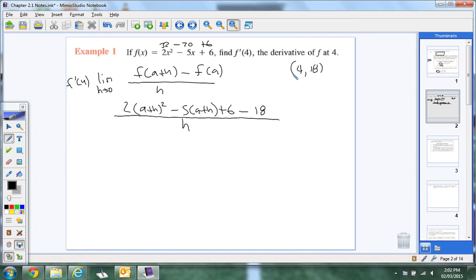So we're going to get 2a squared. If I FOIL that out, I'm going to get 2a squared, 4ah, and 2h squared, plus 6 minus 18.